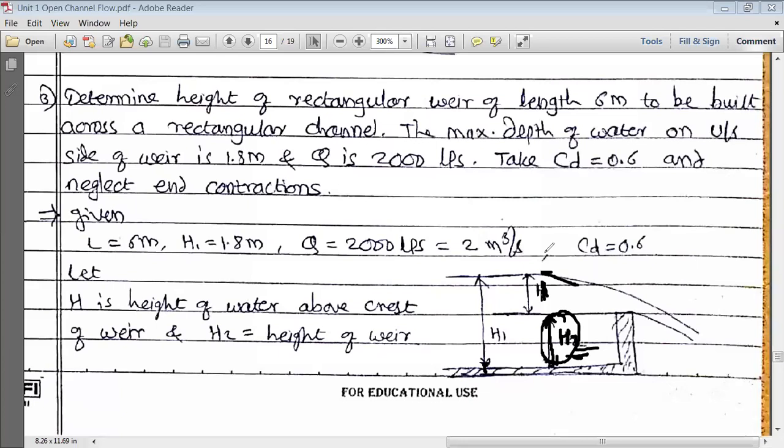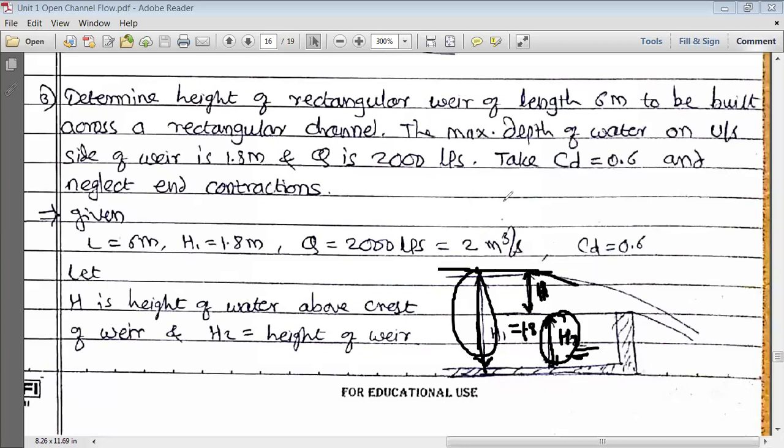CD into L into small h into under root 2G into h minus small h. Once again repeat. CD into L into small h into under root 2G into bracket capital H minus small h.